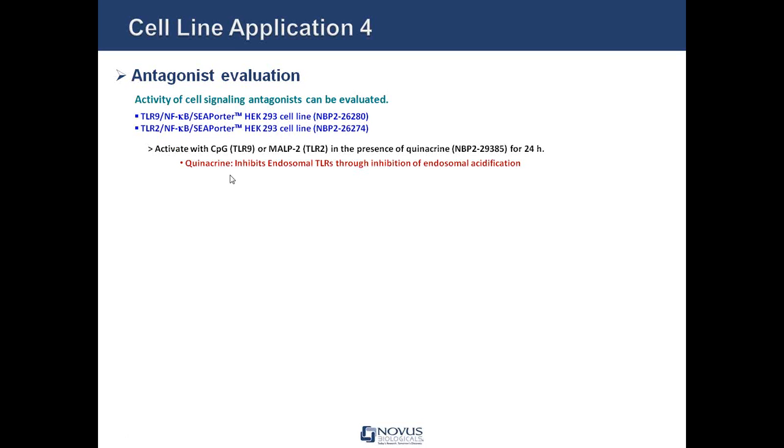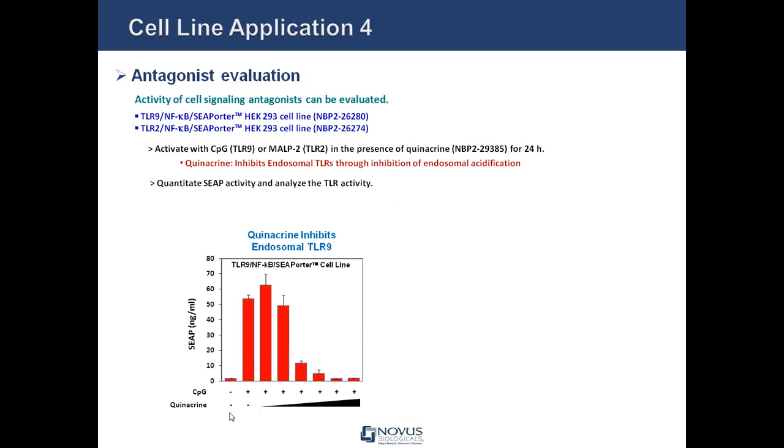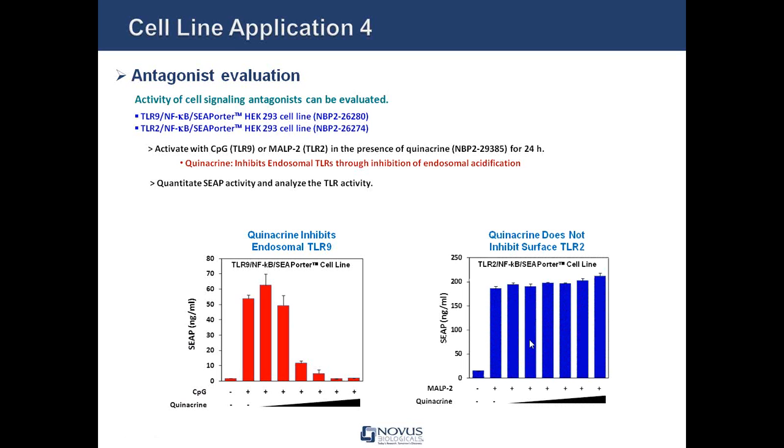For example, if I use quinacrine, which is an endosomal TLR inhibitor, as you can see, quinacrine only inhibits endosomal TLR9, and quinacrine does not inhibit the surface TLR2. TLR2 has nothing to do with endosomal acidification, so quinacrine doesn't affect TLR2 function.